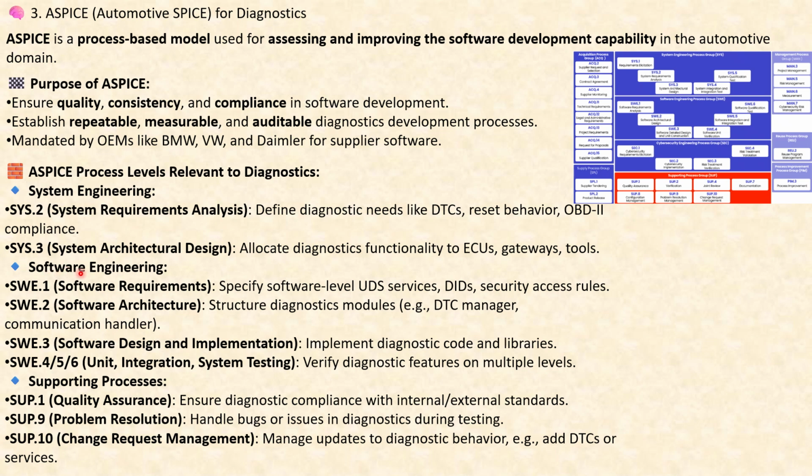Then software engineering: first is software requirements, specifying UDS services, DIDs (data identifiers), and security access rules. SWE.2 is software architecture, structuring diagnostic modules, and SWE.3 is implementing diagnostic code and libraries. SWE.4, 5, and 6 comprise the unit, integration, and system testing.